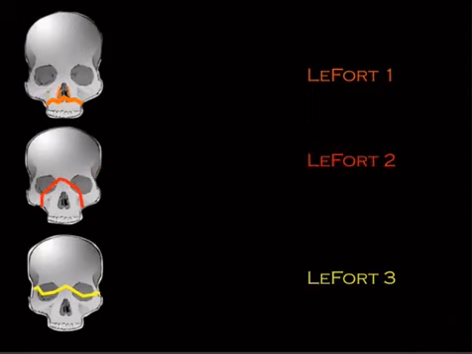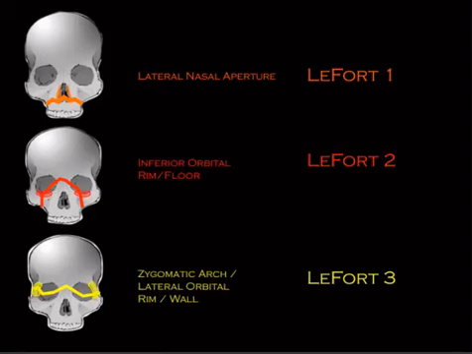That's the lateral nasal aperture. Type 2 is the inferior orbit, see that? And then type 3 is the lateral orbit, or the zygoma. Anyway, if you can remember this picture right here, plus the fact that the pterygoids are involved in all 3, then boom, that's all you need to know to answer them.